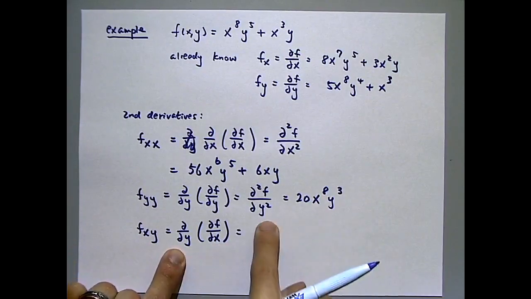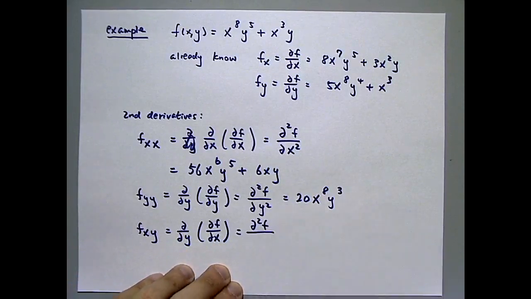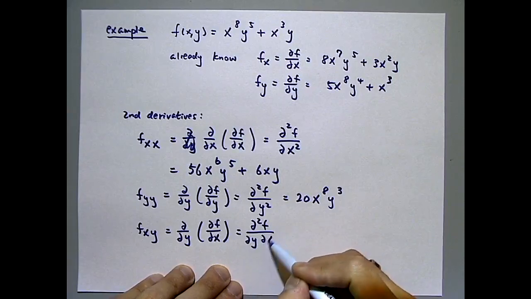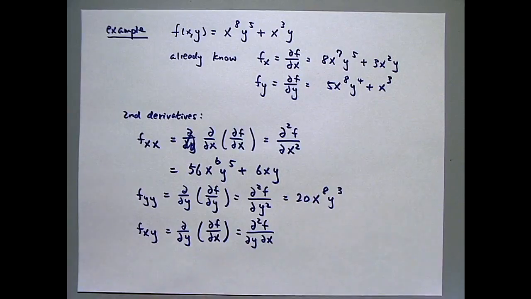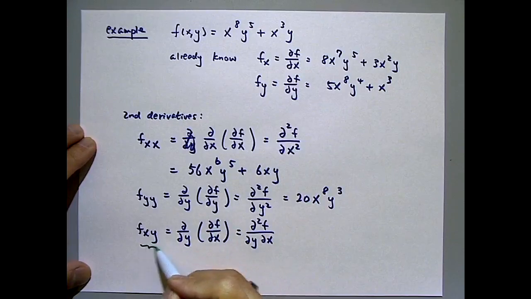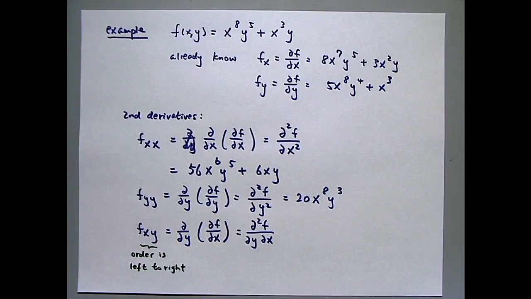Now when you write in this notation here, you get your funny looking d squared f. Downstairs, you see partial y, partial x. So notice that in this notation here, the order is clear. The order of partial derivative is very clear in the fxy notation. You do x first, and you do y.